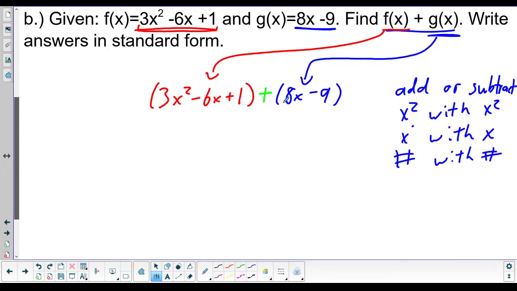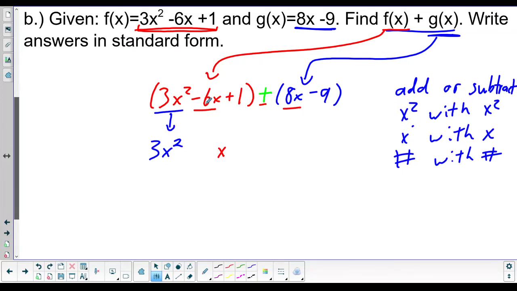So if we look at this, we have 3x squared. There isn't any other x squared terms here for it to combine with, so we're just going to drop that one down. We'll bring it down, and it won't change because it doesn't have anything in common to combine with. Next, we have negative 6x plus 8x. So what you do is you keep the x the same, and then you just do whatever the math operations tell you to do with the coefficients.